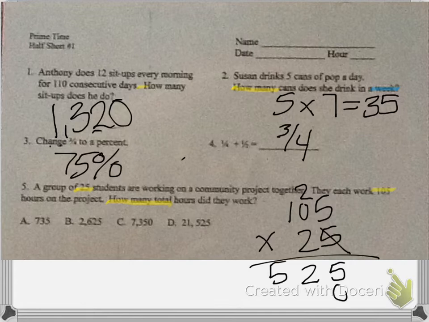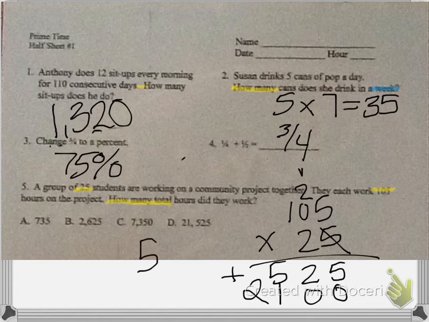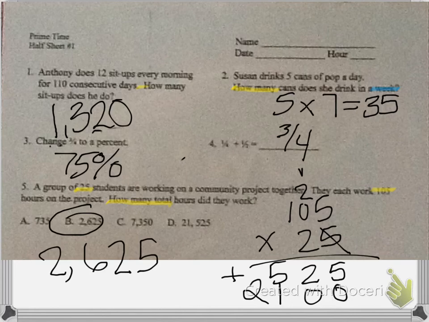Cross out that 5, and here's my 0. 2 times 5 is 10, carry the 1. 0 times 2 is 0, plus 1 is 1. 2 times 1 is 2. And then I add them together, and I get 2,625. Is that one of my answers down there? Absolutely, it's B. Remember to show your work and turn this in when you're done.